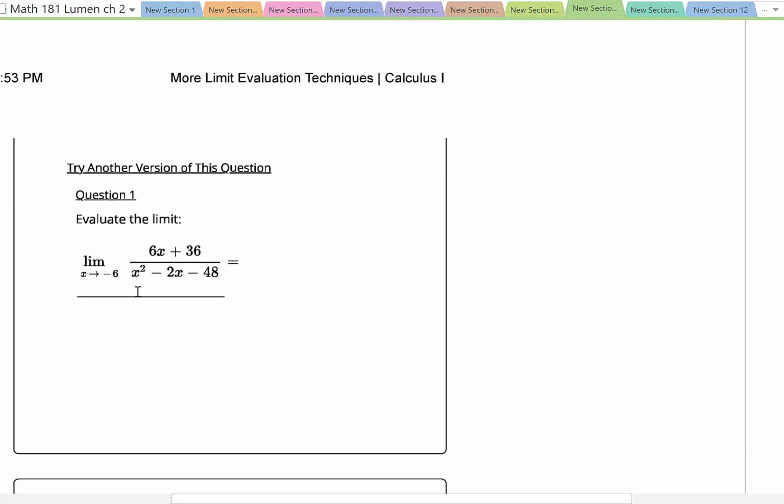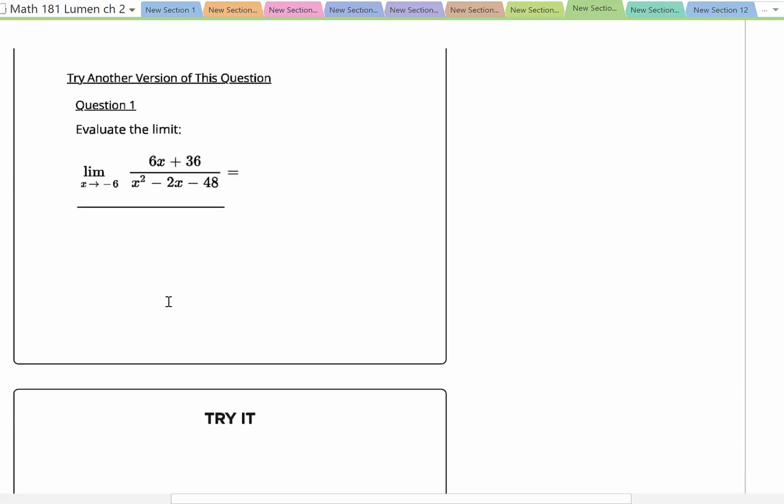Let's try another problem. How can we do this one? Okay, it looks like we can factor out. So we have the limit as x approaches negative 6 of 6 times x plus 6. And then down below we have, looks like it's going to be x minus 8 times x plus 6.